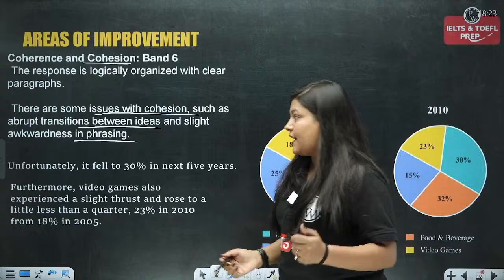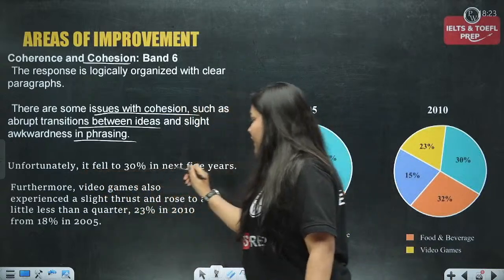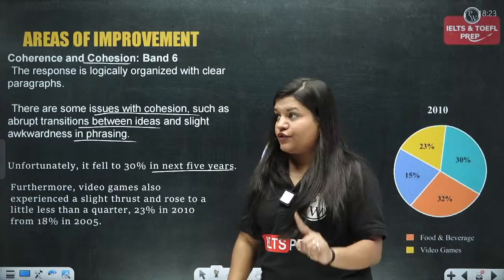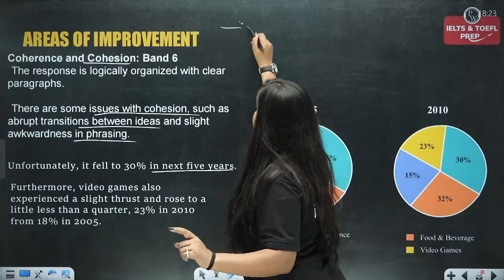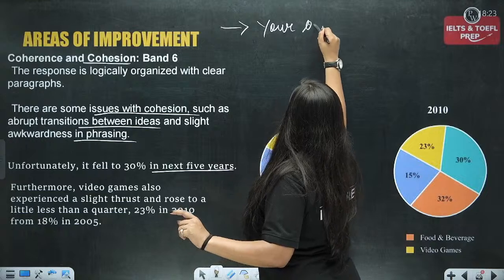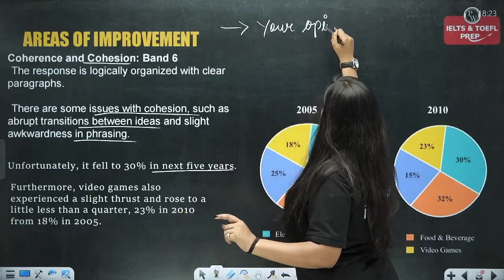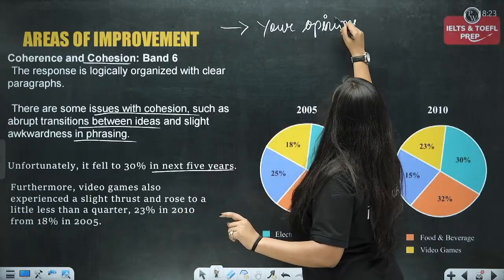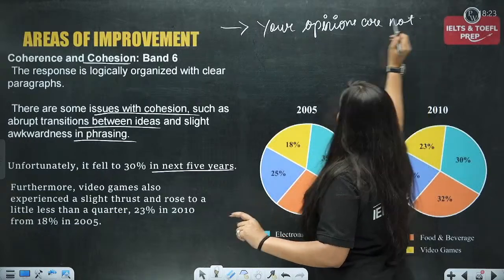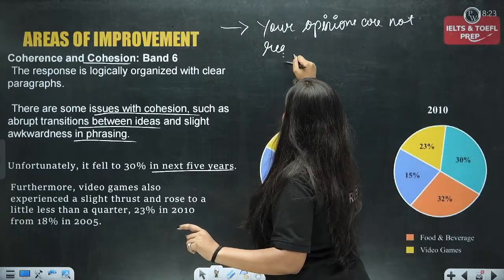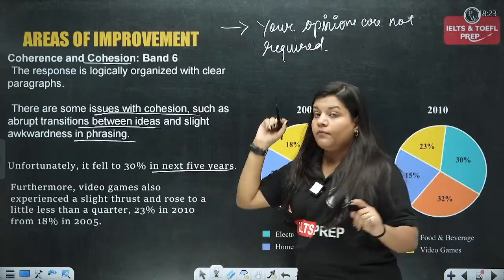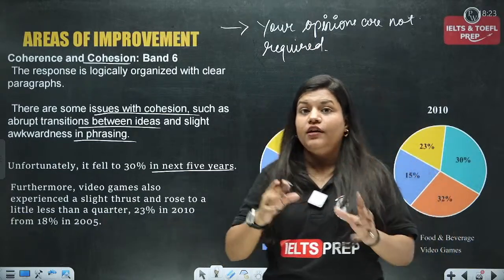Now, let's understand this. "Unfortunately, it fell to 30% in next 5 years." Now, first of all, make sure to avoid your opinion.